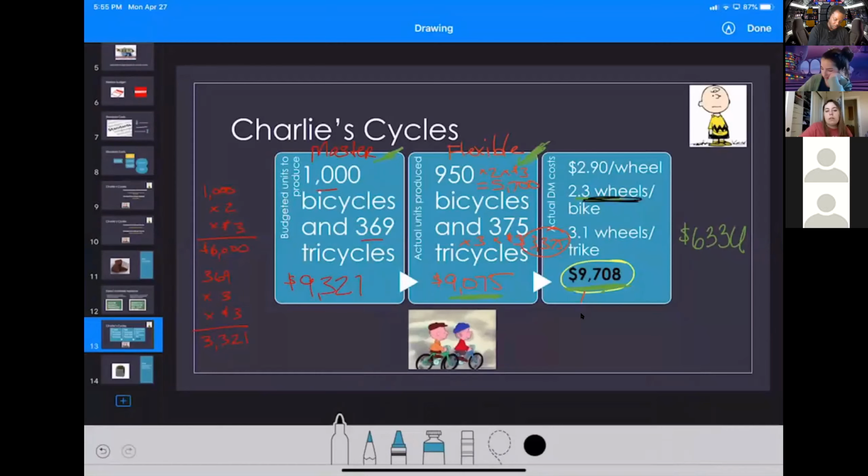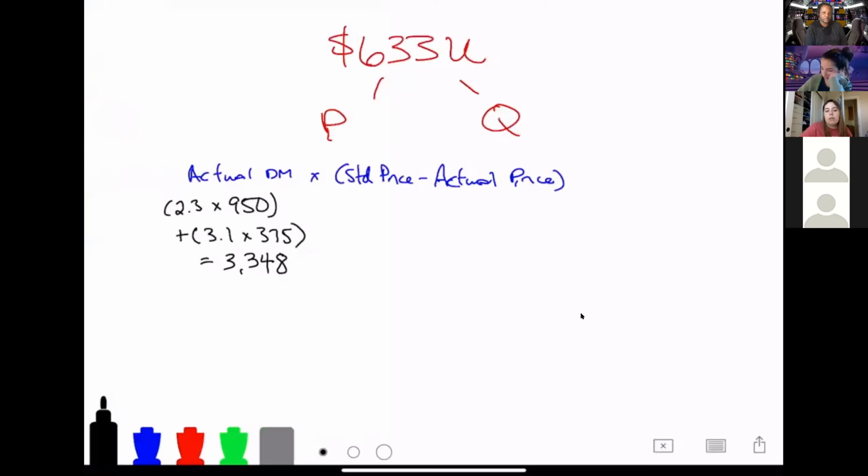2.3 wheels times 950. 3.1 wheels times 375. So the 2.3 and the 3.1, would that be considered the actual direct material in this equation?